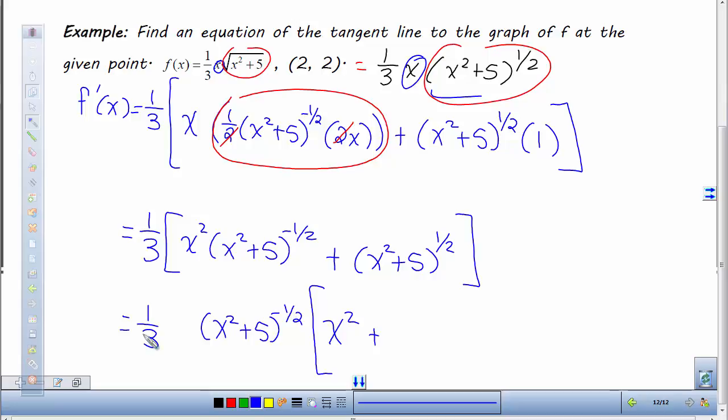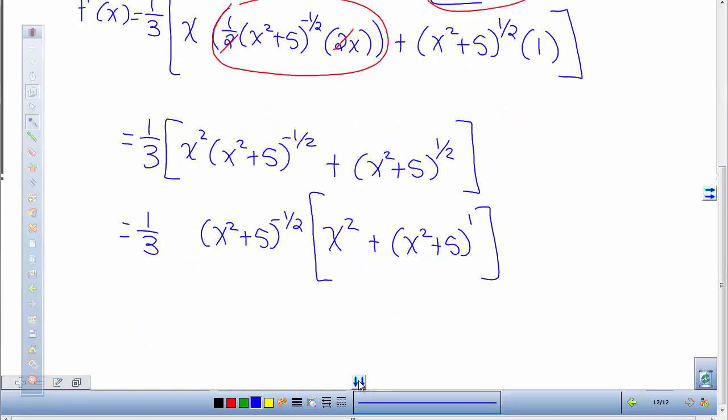So we're left with x squared plus what? That's right, to the first power. Questions about that?